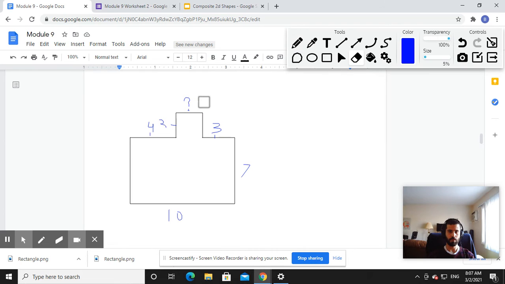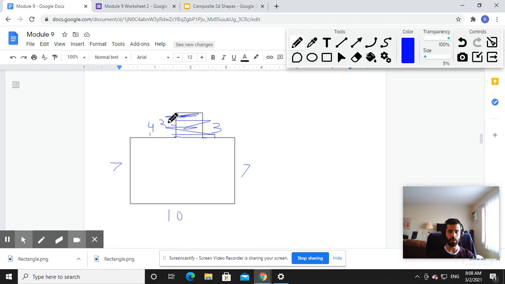Well, it's pretty simple. We can think of 10, and since the other side of a rectangle is equal, so 7, this side will be also 7. We know that if, let's pretend this guy isn't here, and there was just a line going right here, this whole side would be 10.